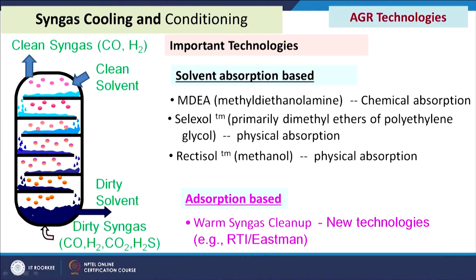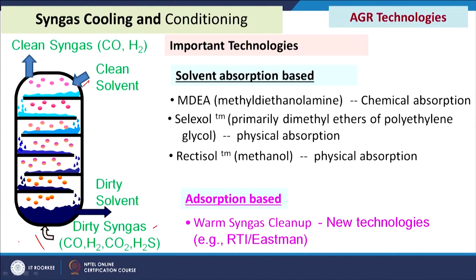The H2S and CO2 removal is done by absorption and adsorption based technology. This figure shows absorption based technology. From the bottom we send dirty syngas and from the top we use clean solvent. The solvent will be selective to capture, say, carbon dioxide or H2S, or maybe able to capture both.